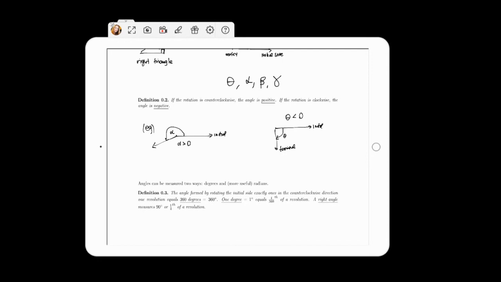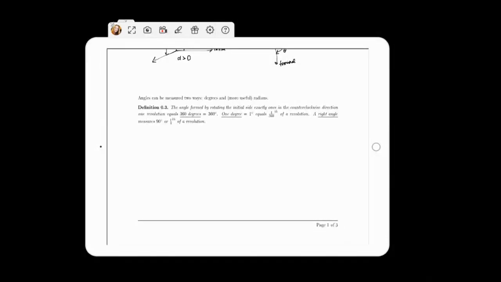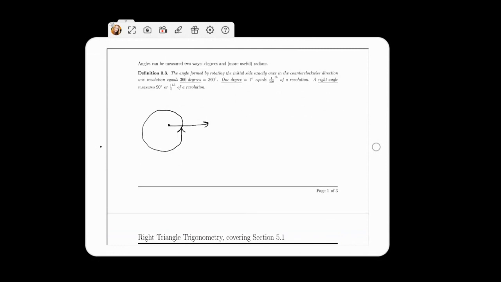Now, angles can be measured two different ways, degrees and radians. If you intend to take calculus, you will be using radians. But we can go back and forth interchangeably between these two units of measure using the following definition. First of all, the angle formed by rotating the initial side exactly once in the counterclockwise direction, one whole revolution, is equal to 360 degrees.